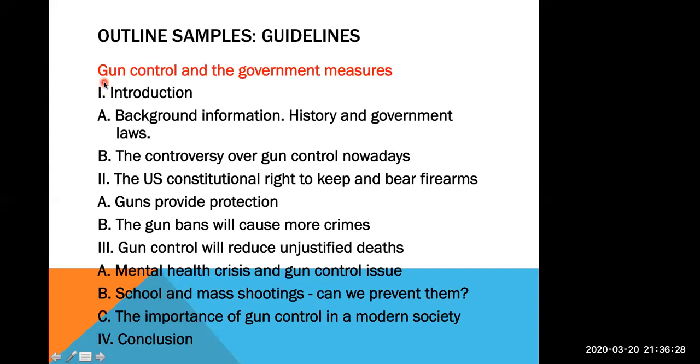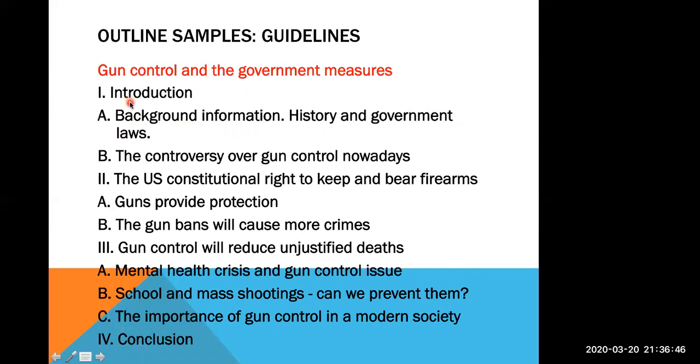The first research, let's say, is about gun control and the government measures. In this research paper, the researcher has divided his research into 4 sections, starting from the introduction and ending with the concluding section.